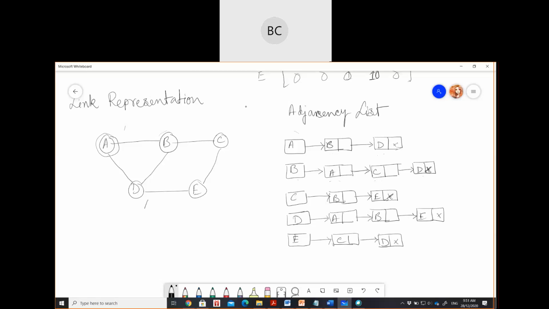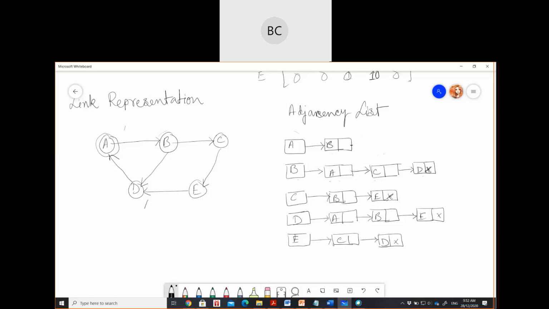Okay, this is for your undirected graph. If I make it directed again, what will be the values? Now from A you can go only to B, not to D. So in the case of directed, I'm not going to write this one. Why?